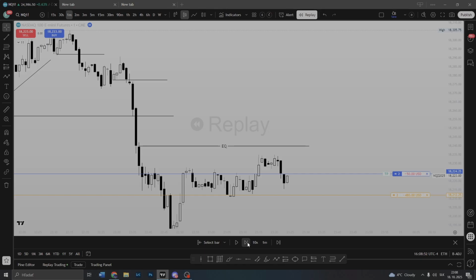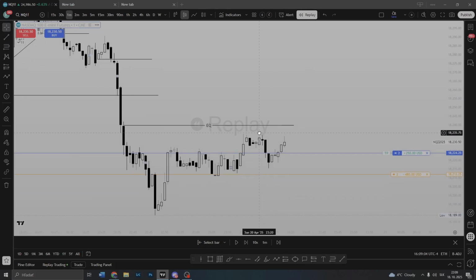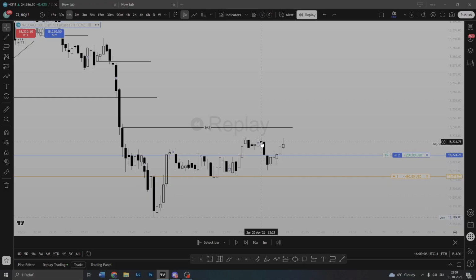Okay, not looking so good right now. The next candle or so we need strong closure above the 1121 candle. If not, it will go lower.